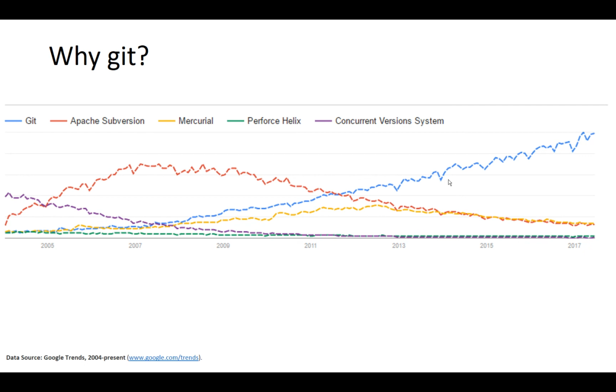We can just quickly reference the Google Trends data source, and you can see Git is the blue one, and this tracks searches on the term. In the early 2000s, Subversion was really, really big.